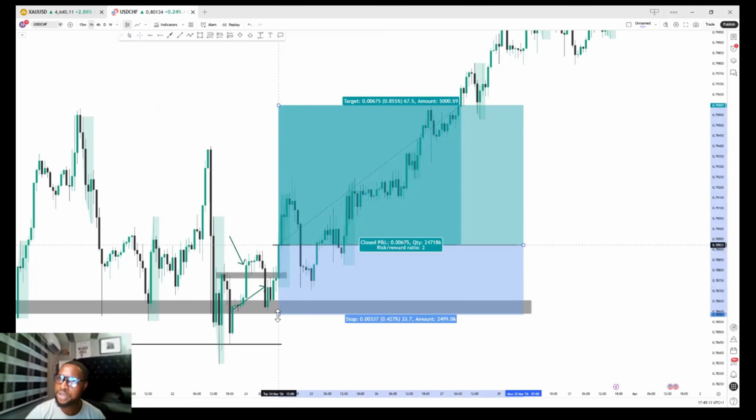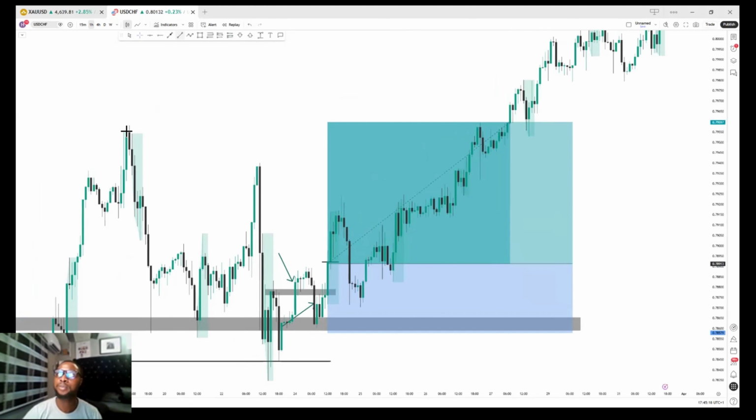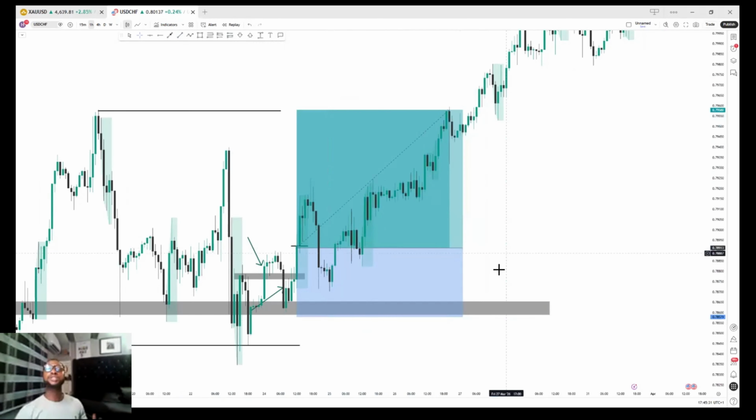We put our entry here. Our stop loss is always going below. Put our stop loss there. We are targeting these highs for profit right here. So now we see that price makes all the way to our take profit. So regardless, even if you take a loss, you have the chances of winning 80% of the time using this S.C.C strategy.